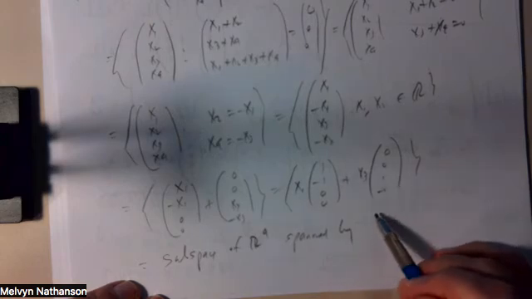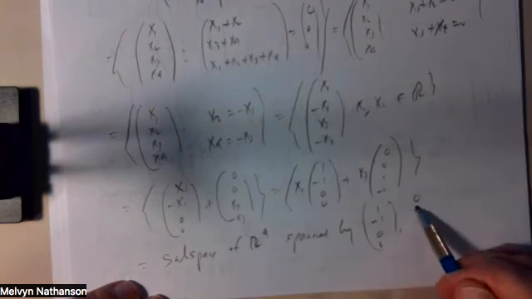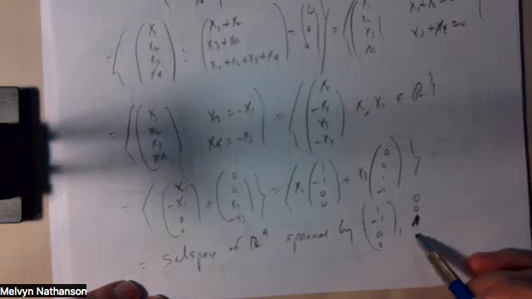So this is the subspace of R4 spanned by these two vectors. So the set of all linear combinations of these two vectors is the kernel, and these two vectors are independent.